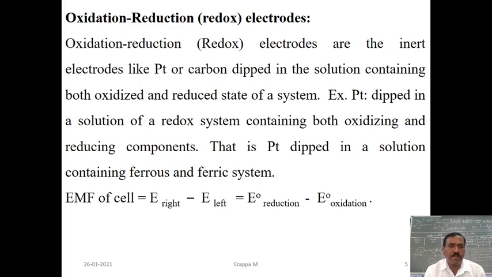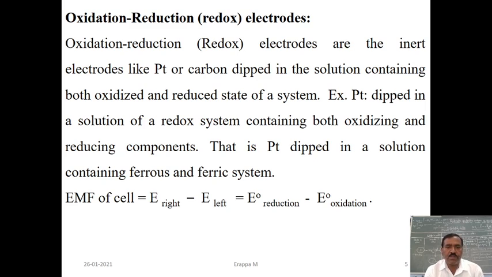Example: platinum dipped in a solution containing both oxidizing and reducing components, that is, a ferrous and ferric system. That is an oxidation reduction or redox electrode. Here platinum acts as a redox electrode for the ferrous and ferric system.